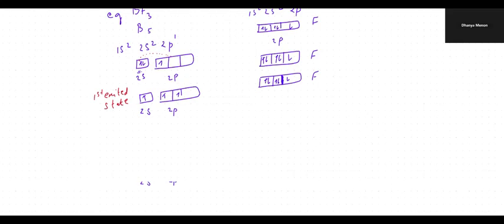So we have the requirement of 3 orbitals. So they will intermix, and I will get 3 orbitals. One s is mixing with 2p orbitals, right?